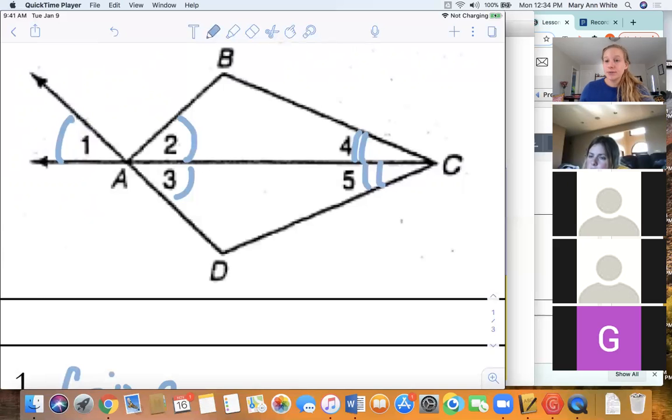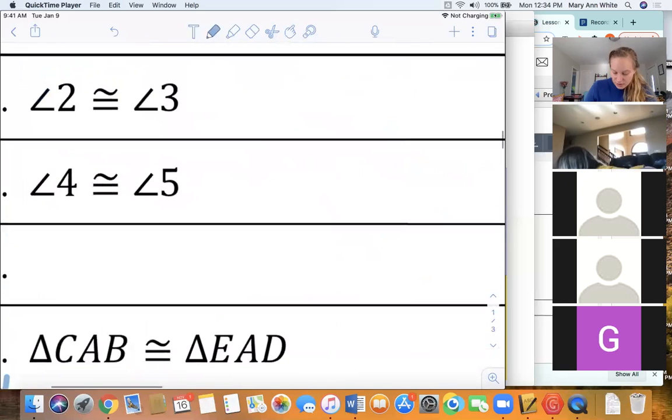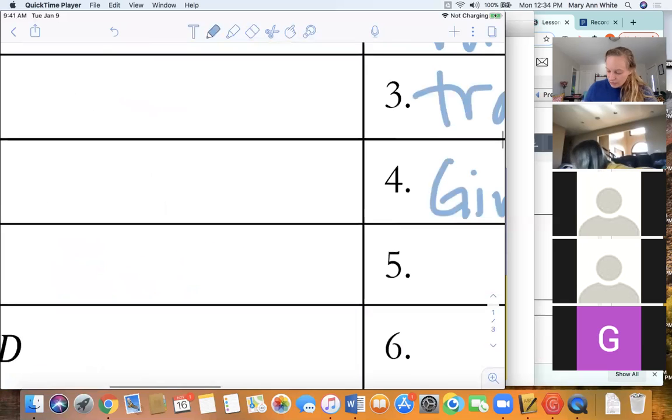Very good. I do need 2 letters to mark this line, so I'm going to call it either AC or CA. It doesn't matter. But you're right. It's congruent to itself for reflexive property. So in the past, we just drew a little arrow and wrote reflexive off to the side. Now we're going to put it in our proof. Let's write AC is congruent to AC, and we'll call that reflexive property.